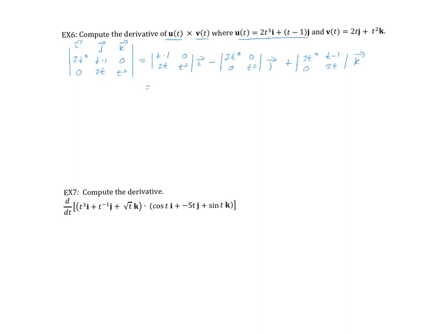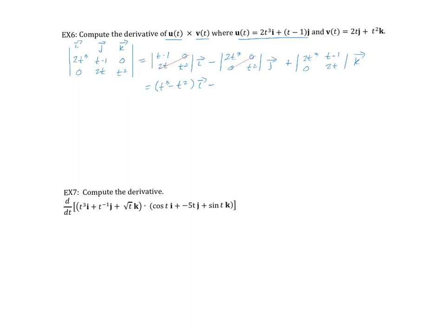When we compute this cross product, we're going to get the t minus 1 times t squared. So I'm just going to distribute that t squared. So it's t to the third minus t squared. And notice that when I do minus 2t times 0, that's gone. So this is simply t to the third minus t squared. That's my i. When I look at my j component, I'm going to multiply 2t to the third times t squared, which would give me 2t to the fifth.